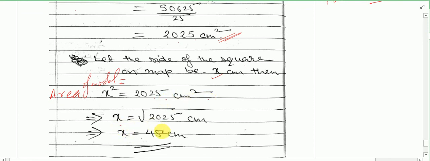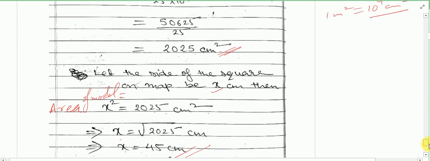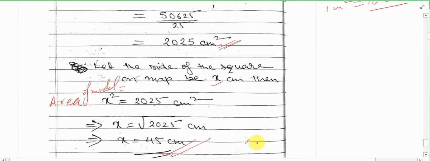So x will be equal to 45 centimeter. So with this the exercise gets over and also this chapter gets over.